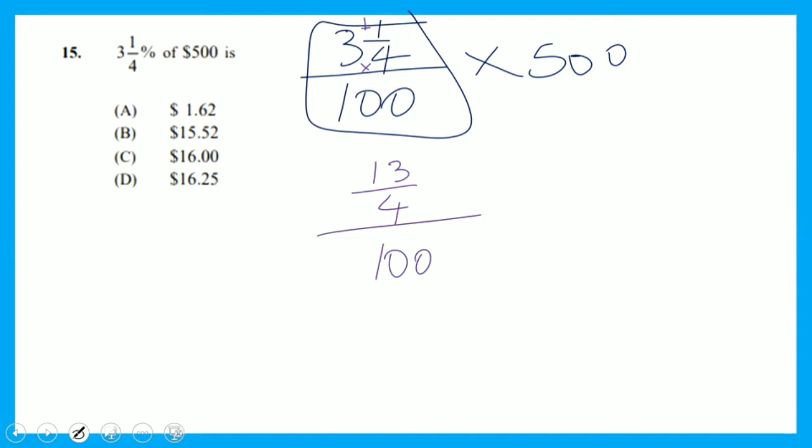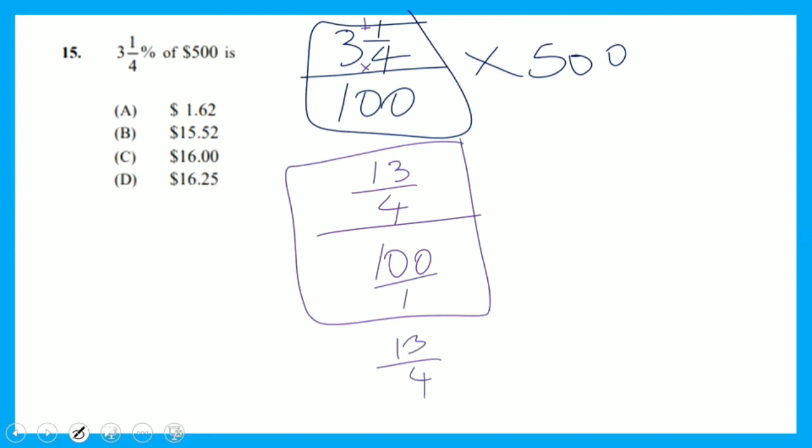So what we're going to do now is also, I'll show you a shortcut afterwards, but we can completely rearrange this fraction to have, so this is also 100 over 1, and if we're supposed to rearrange this, we can write 13 over 4 being multiplied by 1 over 100.